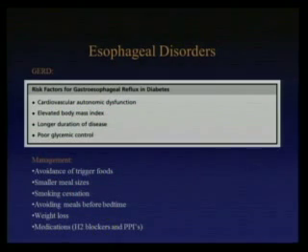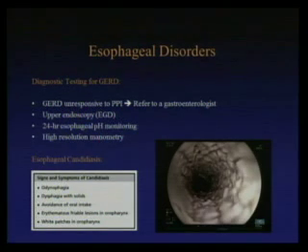When needed, we tend to use H2 blockers or more commonly PPIs for therapeutic treatment, and we're all familiar with these. However, when the symptoms of GERD don't respond to a PPI, the underlying diagnosis should be questioned.